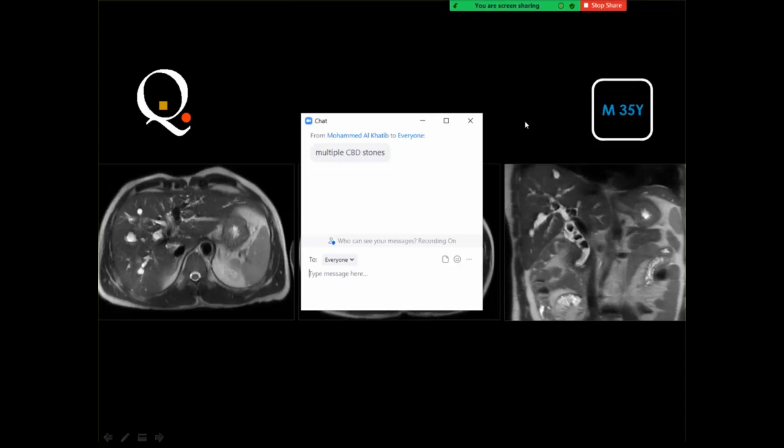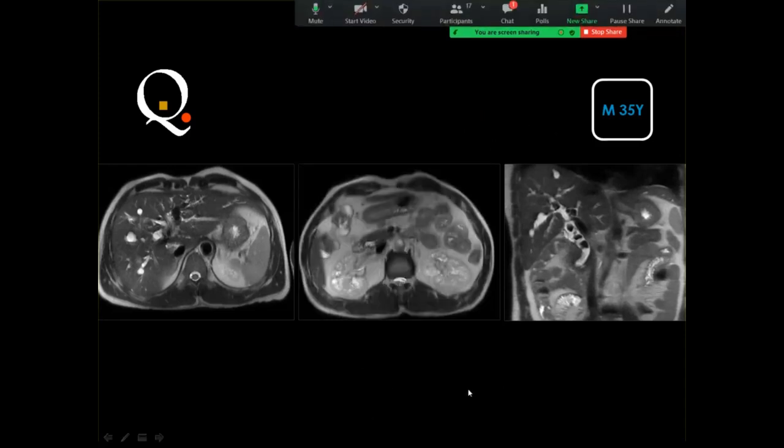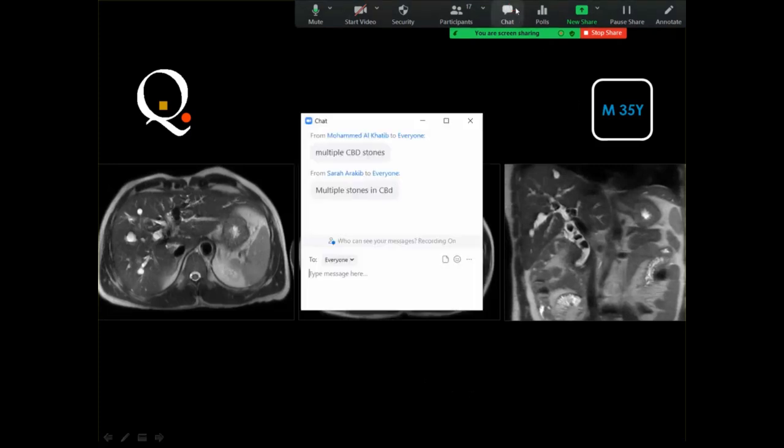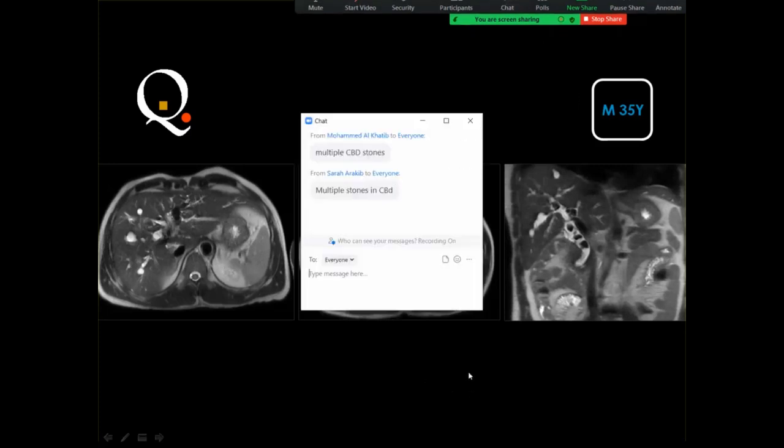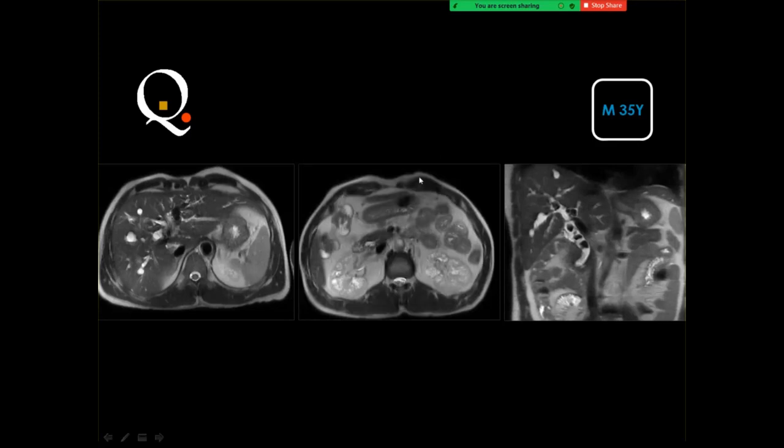Okay, then the common bile duct stones is part of the answer, and the second part is the lesions in the liver.